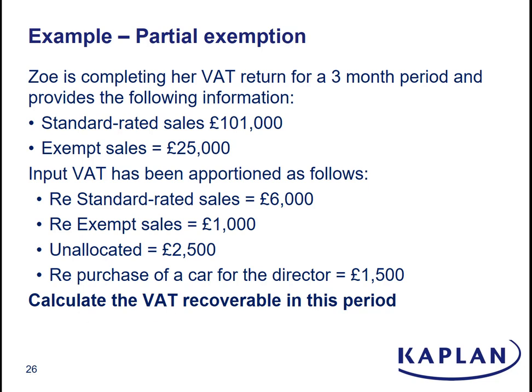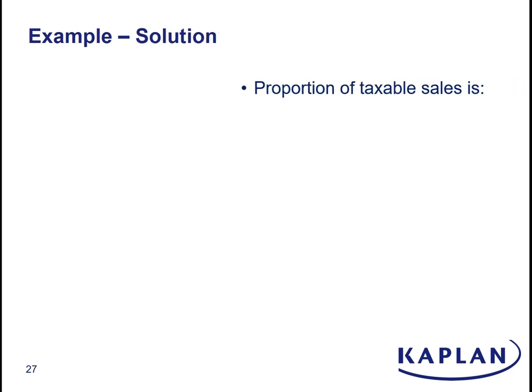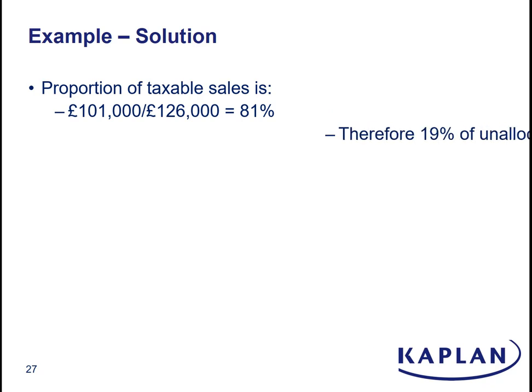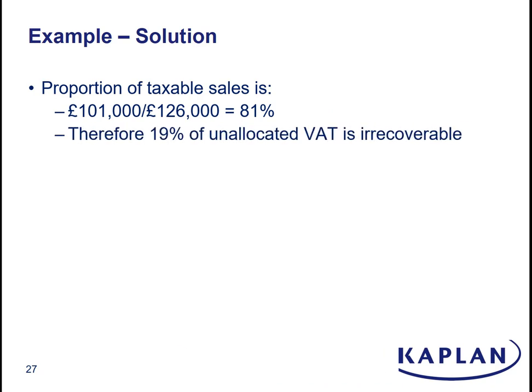So how do we go about working out the amount of input VAT that is recoverable? Well, we have a look at what proportion of our sales are taxable, and we can see that that's 81%. So when we look at the unallocated, the residual input VAT, 19% will therefore be irrecoverable on the face of it.